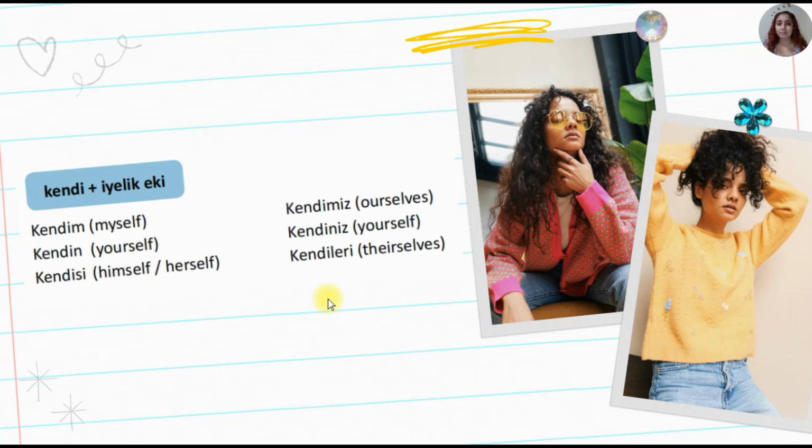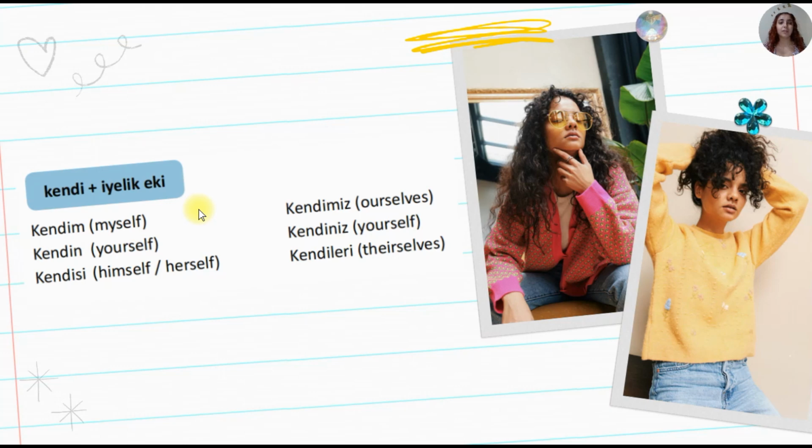Kendi mainly means self, kendi. And as you can see, you need to add iyelik eki, possessive suffix, like we talked about just before, in the previous lessons. You will add possessive suffixes to the kendi word, and it becomes myself, yourself, himself, or herself, and so on.